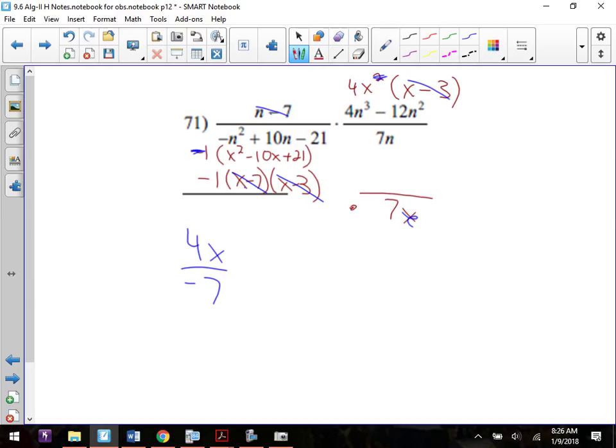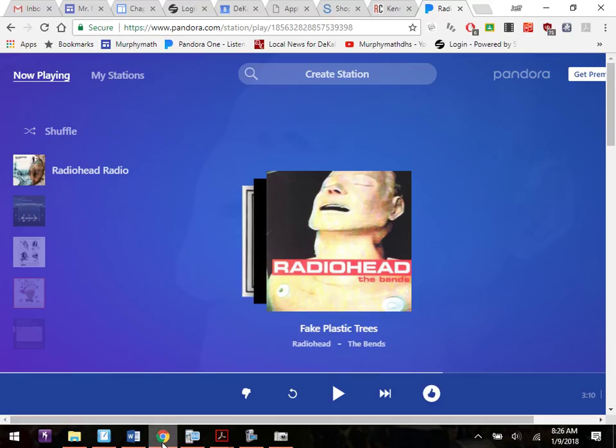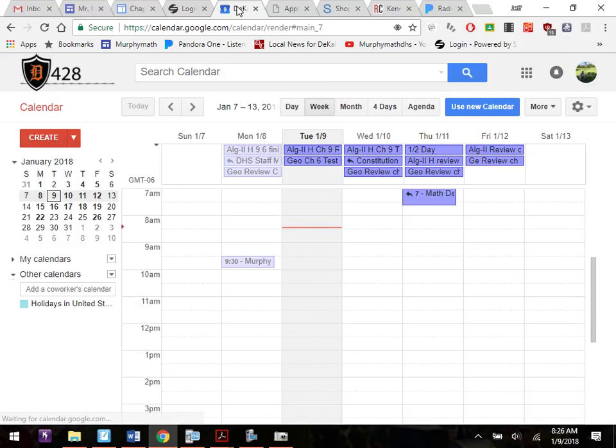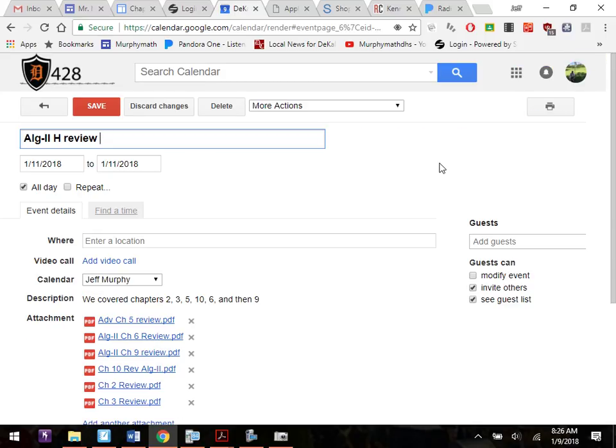I don't know how far ahead you guys go on the calendar. But on Thursday's calendar, I posted all the different chapter review things, so that way you know where things were in the book. With a physical textbook to go back and forth, at least that gets you there.